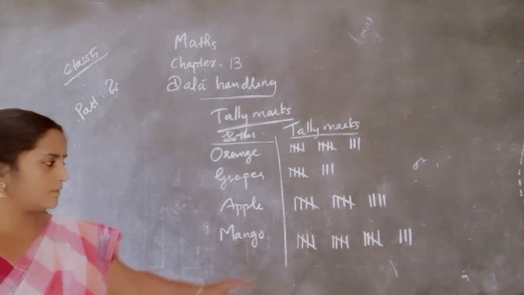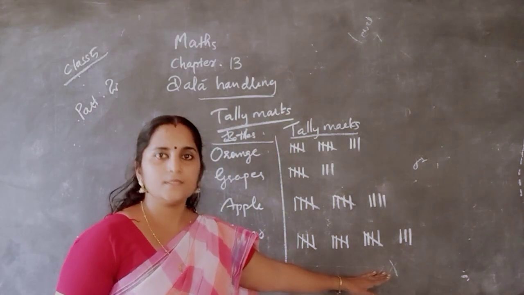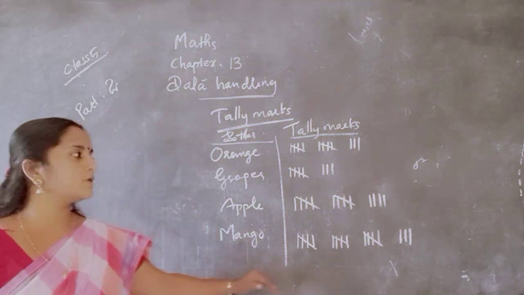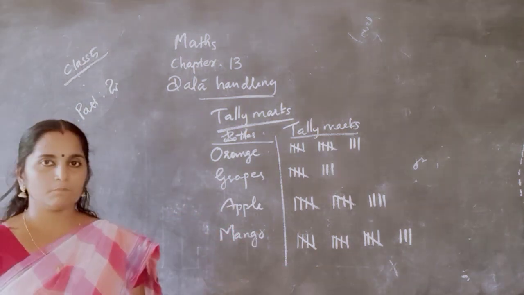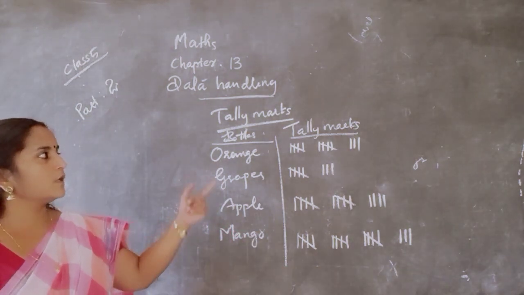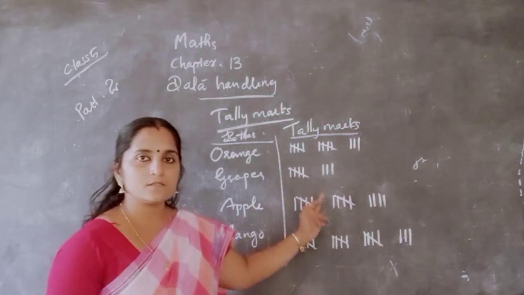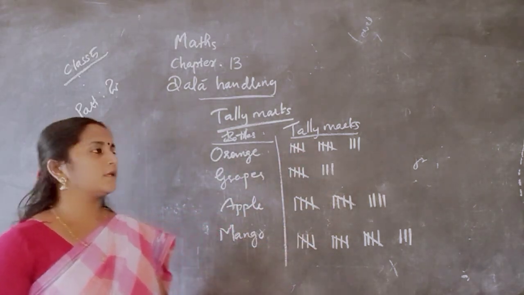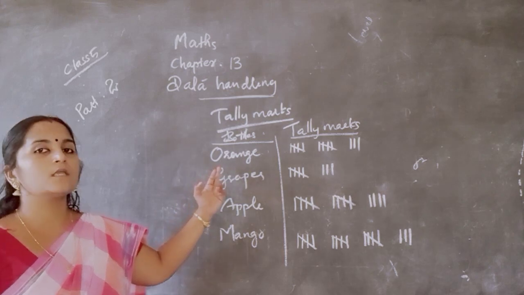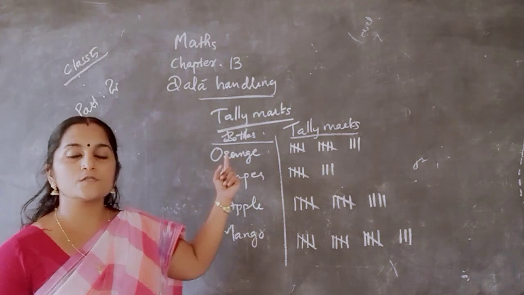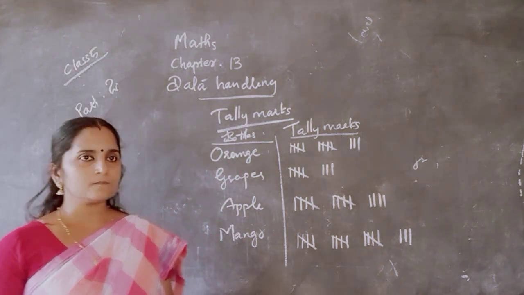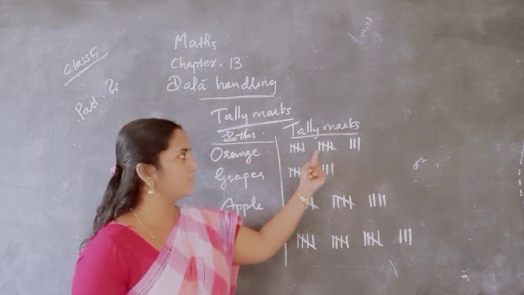Okay, in this method, the number of bottles of each type is marked. So, from this table, can you find out how many orange juice bottles are there? You just count the tallies here.